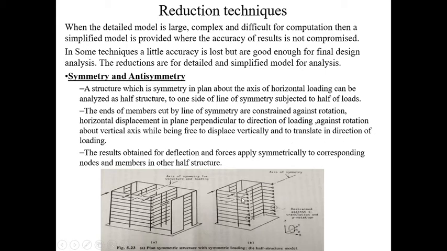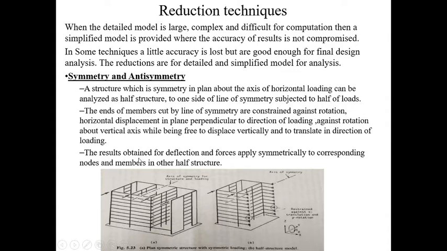This is the direction of loading, so it is allowed to translate in it. Here you can see the edges which are cut are restrained against translation in the y direction and rotation about the vertical axis.